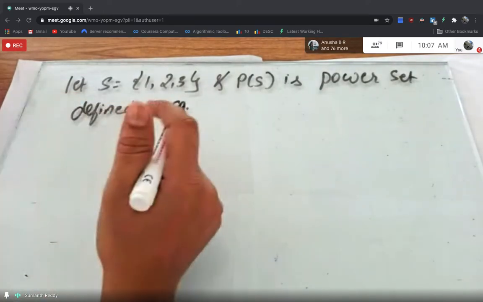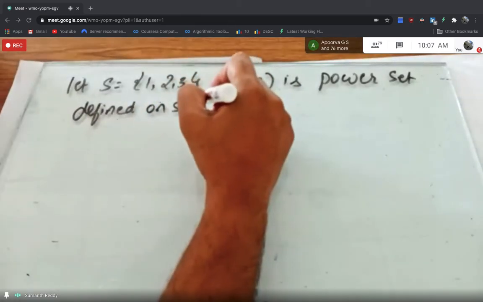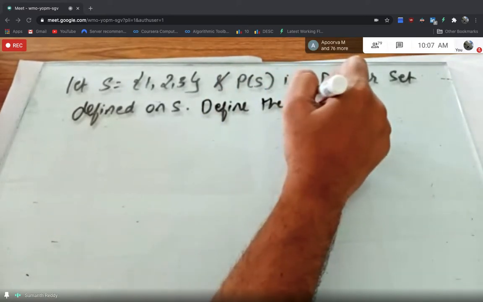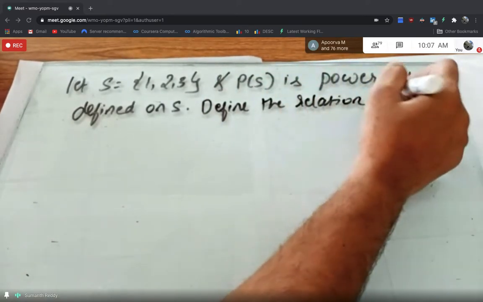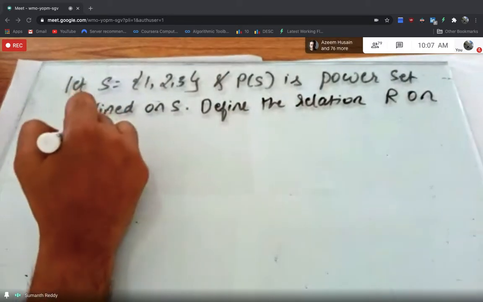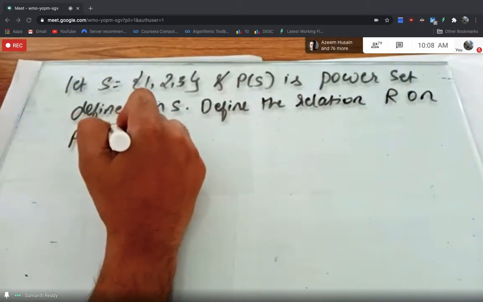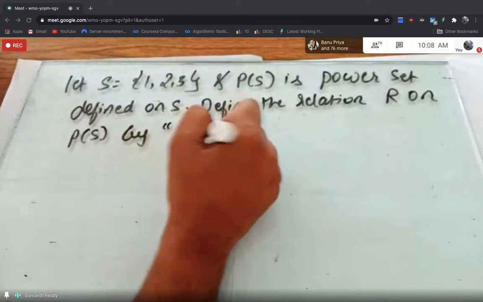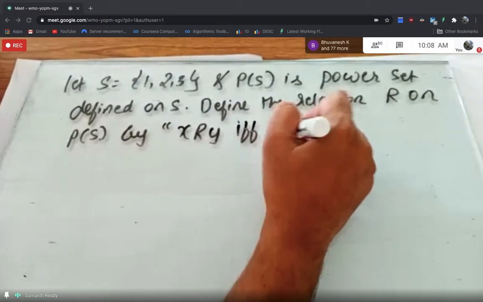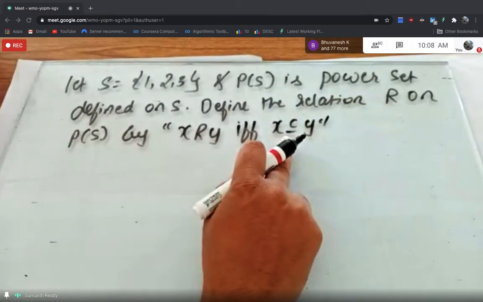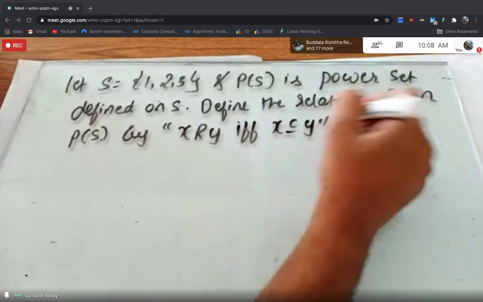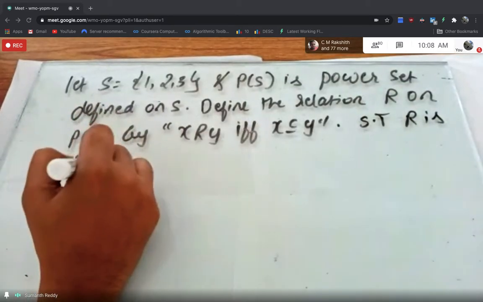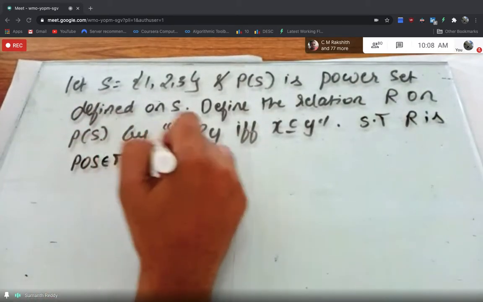Now he is asking: define the relation R on the power set P of S by X is related to Y if and only if X is a subset of Y. This is the symbol for the subset. Now he is asking you to show that the relation R is a poset, and draw the Hasse diagram.